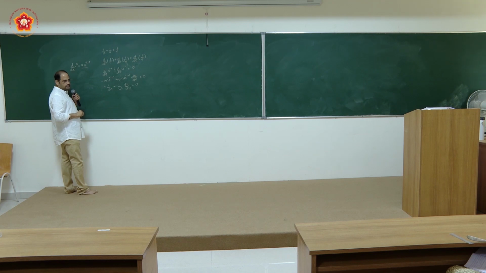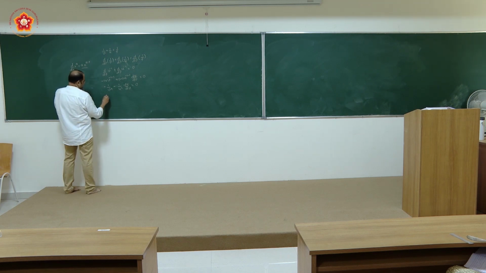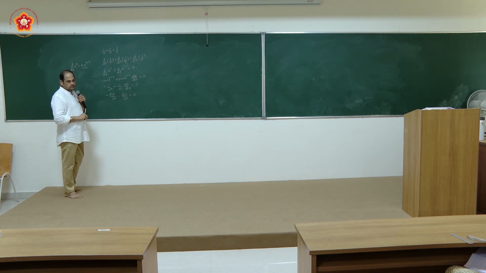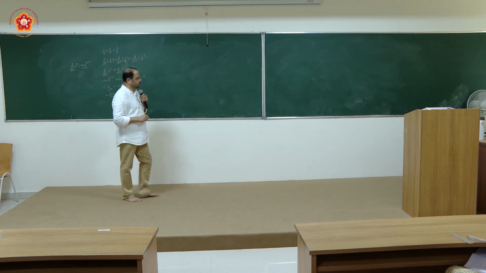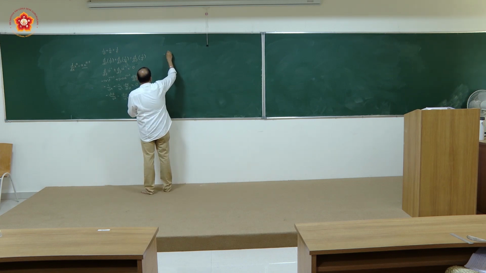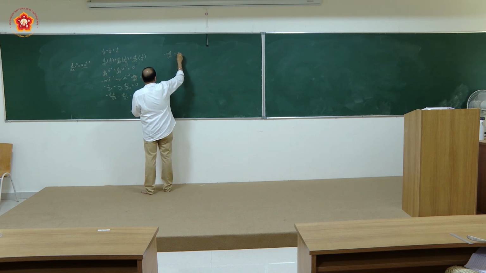Am I right or wrong? So can I write down this relation minus of dv upon v square minus of du upon u square is equal to 0? Can I write down? So I can put it down here, minus of dv upon v square is equal to du upon u square.